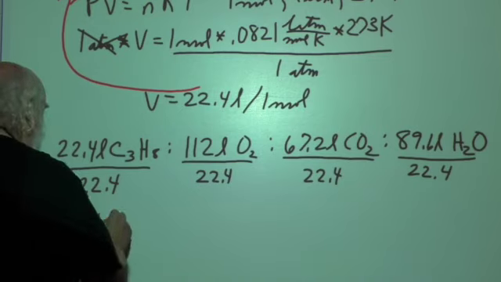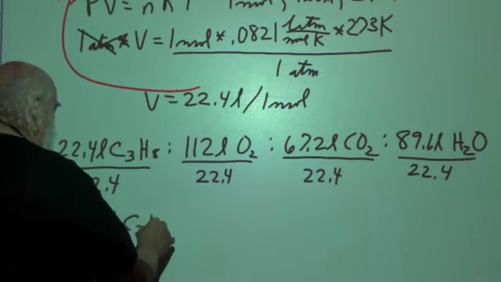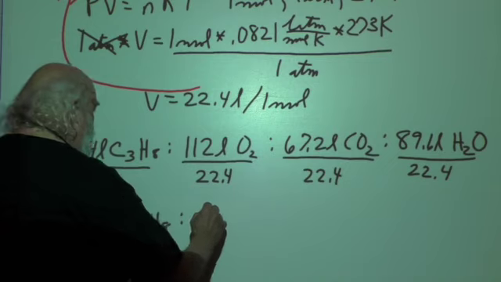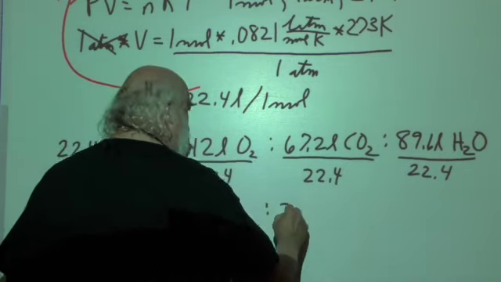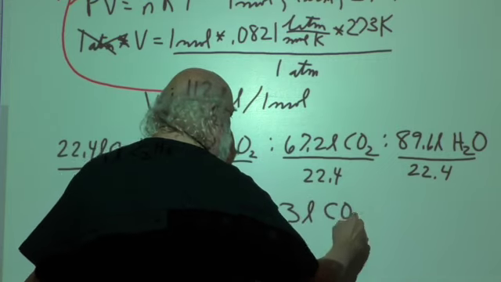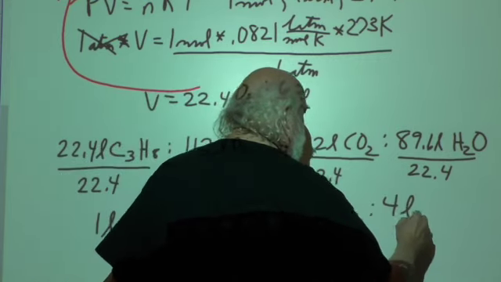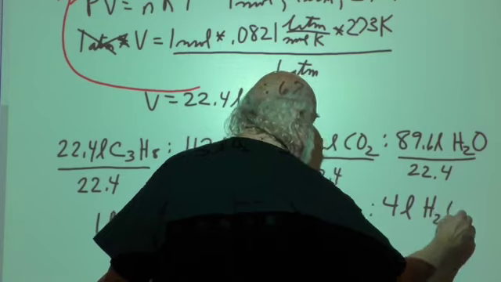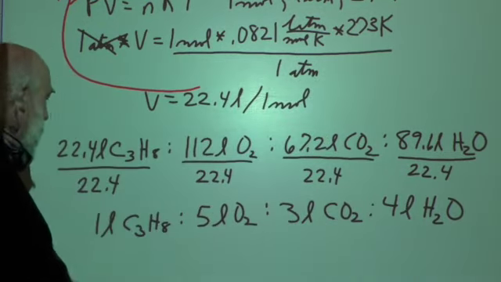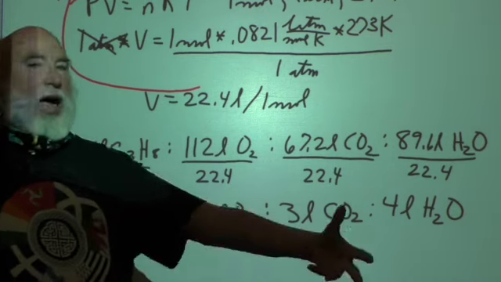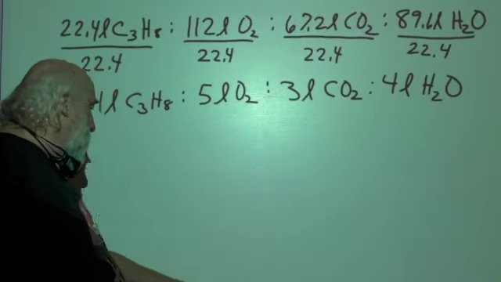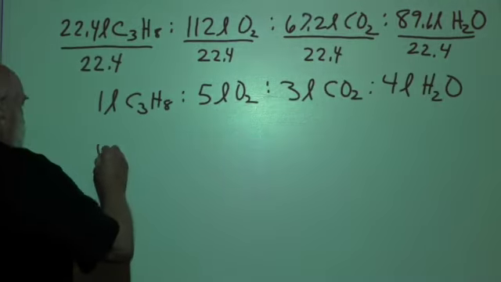So this gives me 1 liter of C3H8 for every 5 liters of oxygen, for every 3 liters of carbon dioxide, for every 4 liters of steam. And so I get the exact same numbers, only now I have a new meaning behind it, which is volumes of gas.